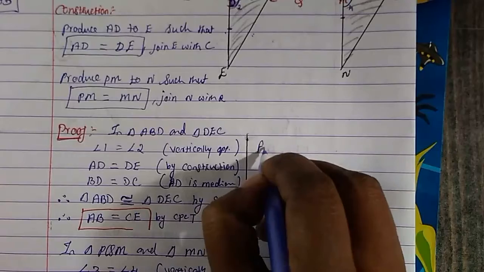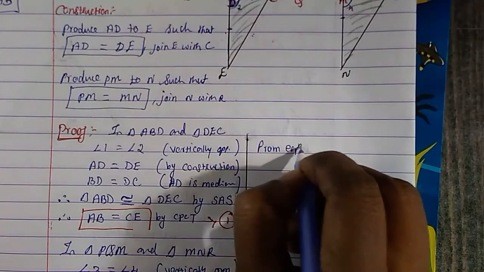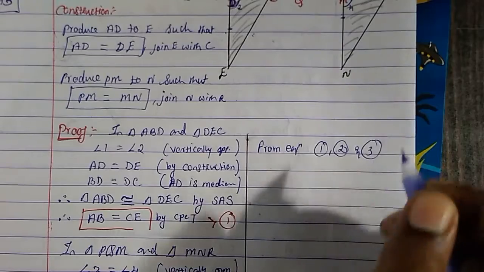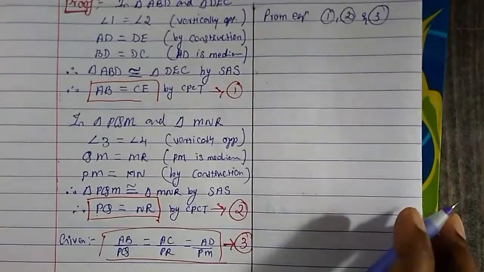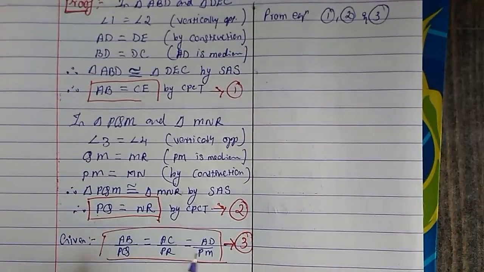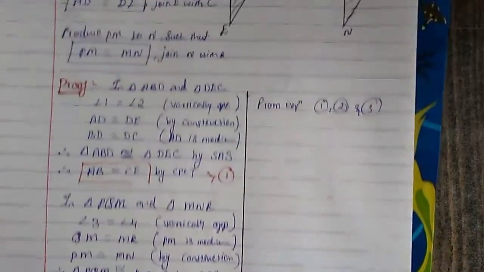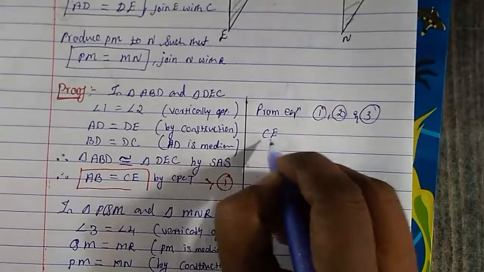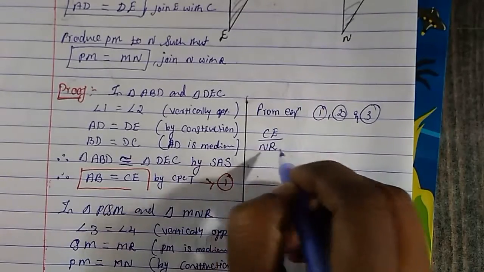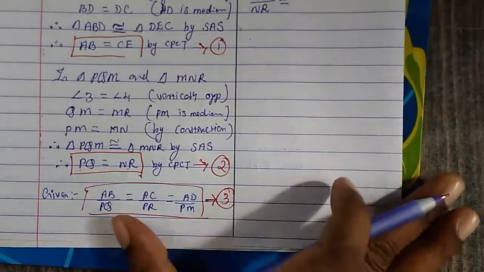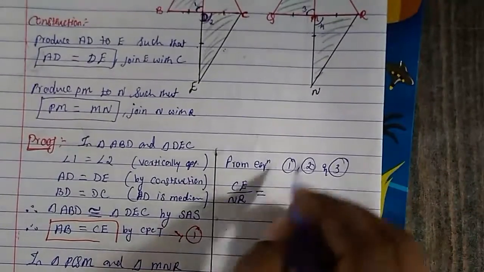So from equations 1, 2 and 3, instead of AB upon PQ, we'll write CE upon NR. So CE upon NR is equal to, this we write as it is, AC upon PR.